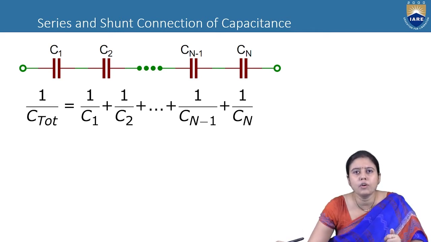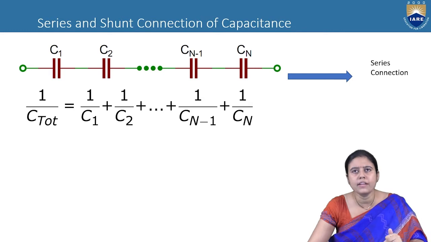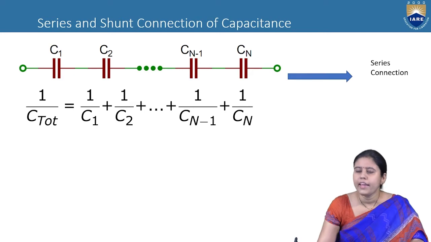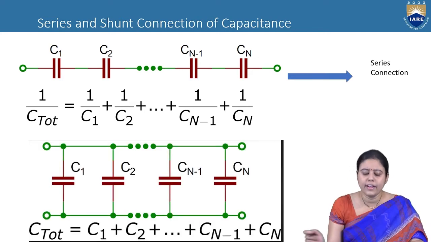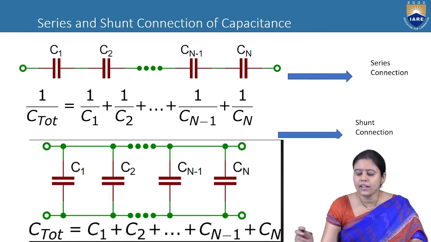And the equivalent can be written as 1 by C1 plus 1 by C2 and so on up to 1 by Cn, and the equivalent capacitance is the reciprocal of this, 1 by C total. In the case of parallel, you can see the capacitors are connected in parallel or shunt.